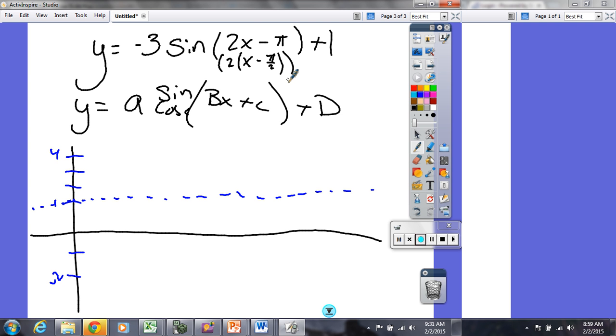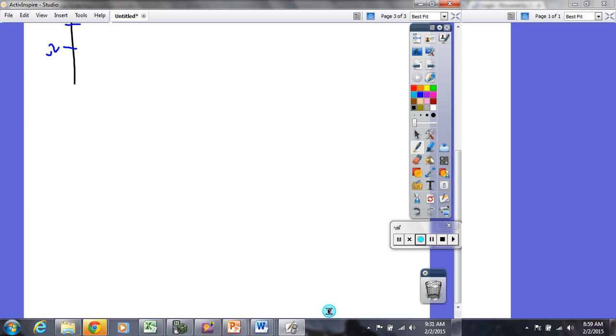Okay. So what I like to do, I'm going to come down here because I'm running out of room. It was 2 parenthesis x minus pi half is what we're going to do, isn't it? Correct? All right. What's the original values that I was using for my sine graph?